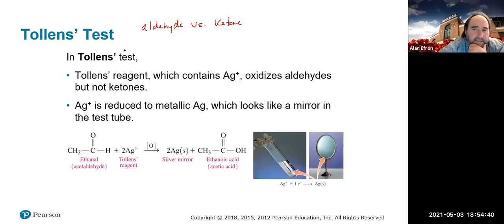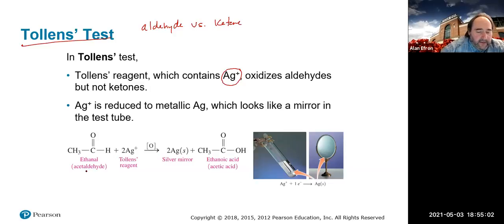And one of those tests is what is referred to as the Tollens test. The Tollens test is basically a test that uses what is referred to as a Tollens reagent, and inside there is a silver ion with a +1 charge, and it will oxidize aldehydes and not ketones.